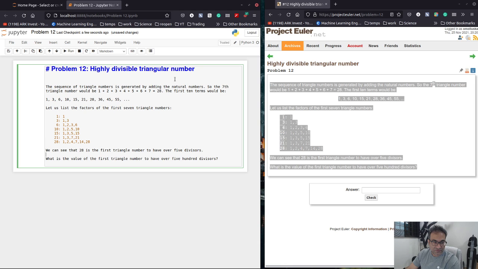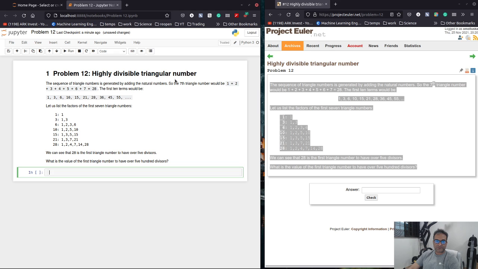The sequence of triangle numbers is generated by adding the natural numbers.